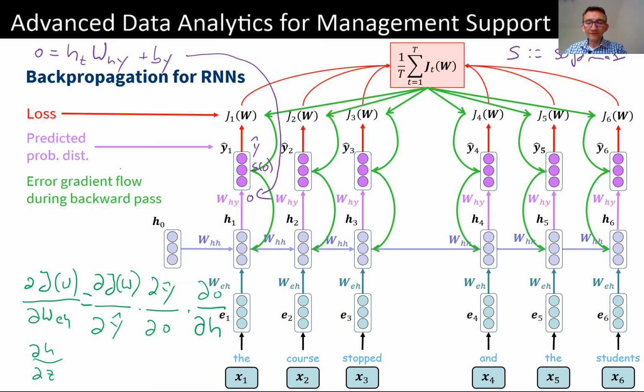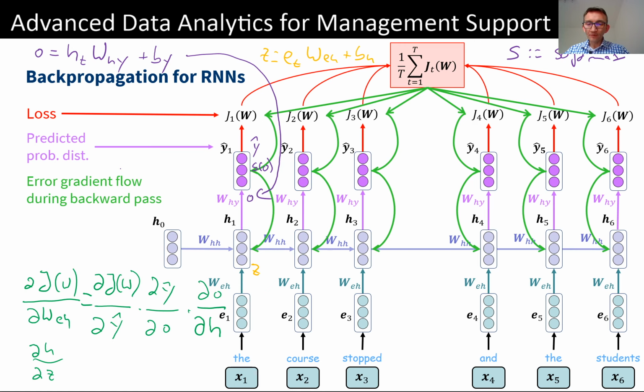We typically used z as the raw input to a hidden layer in feed-forward neural networks. You hopefully remember that. Here in the graph we would find z, where that is essentially just e_t times W_eh plus a bias b_h.